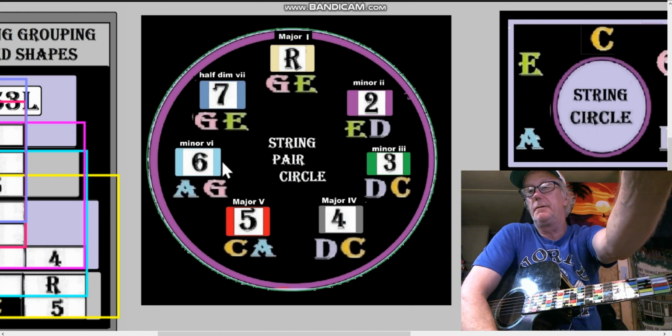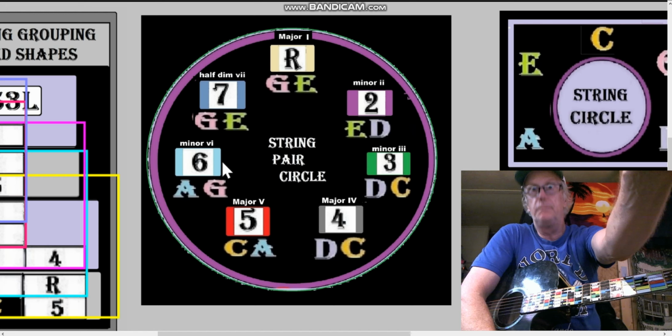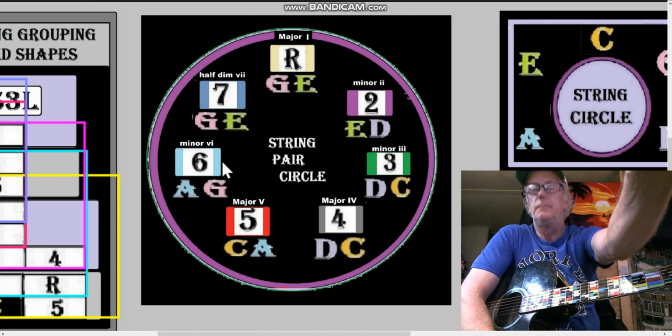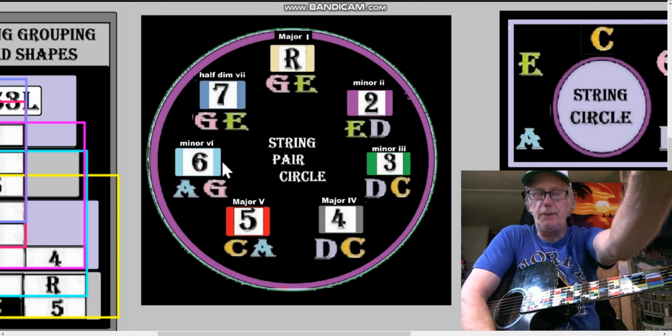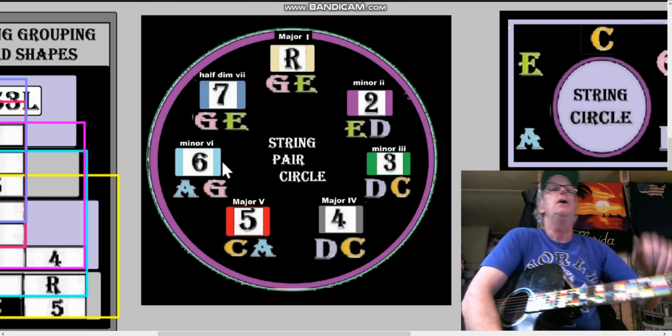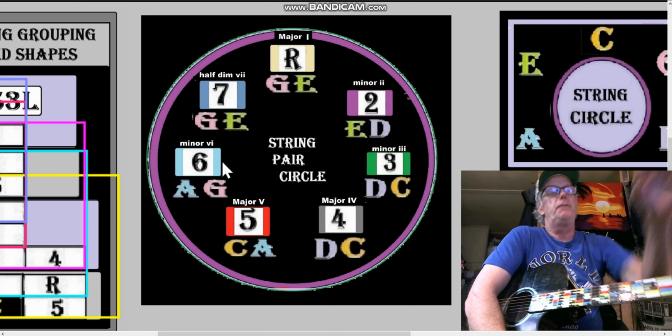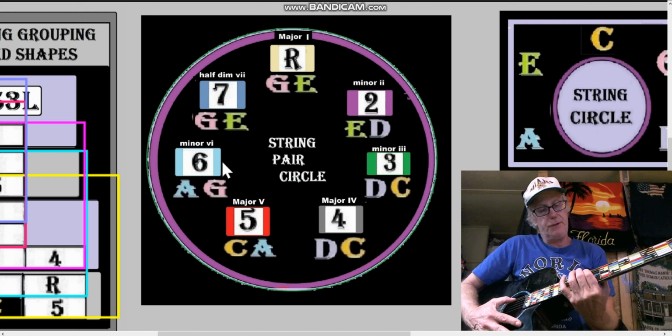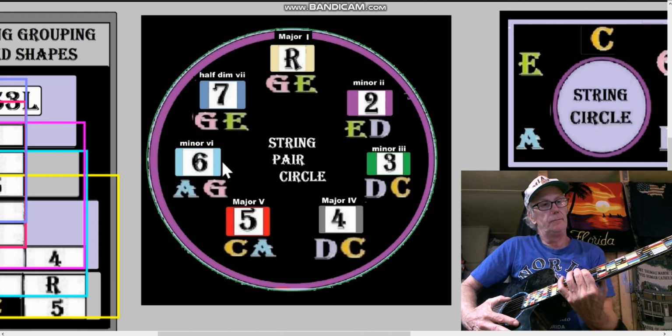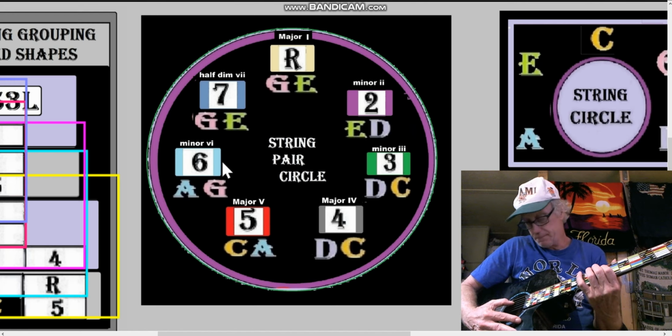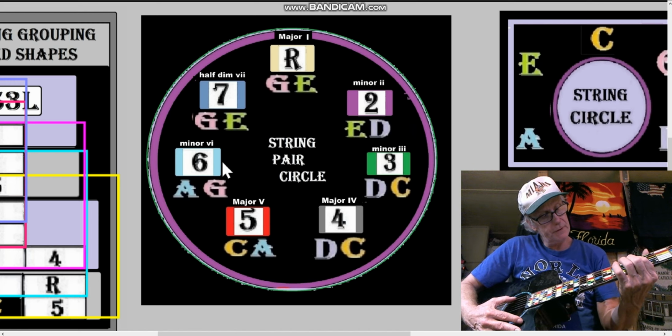It's A minor. So we have our A minor as the 6. So here's the A minor. Here's the C. There's another A minor right there, same note.